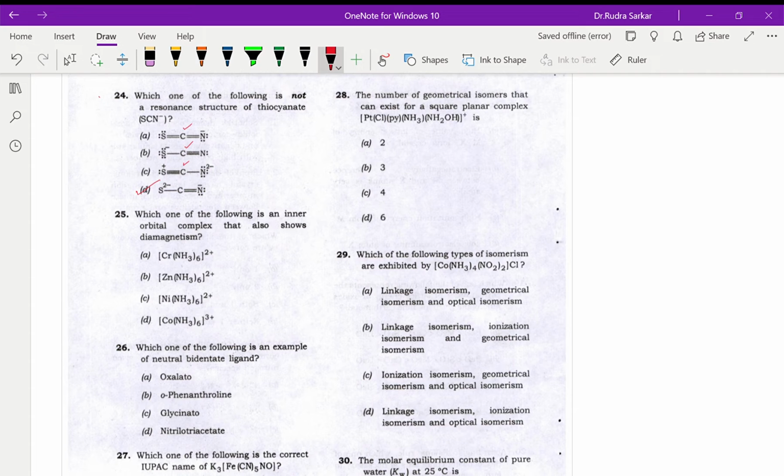Which one of the following is an inner orbital complex that shows diamagnetism? Now over here, ammonia is a weak field ligand.